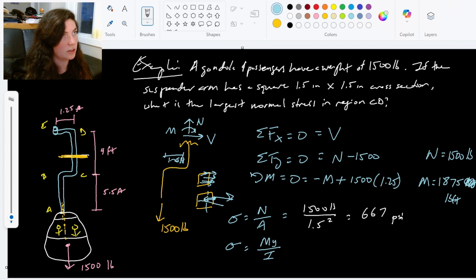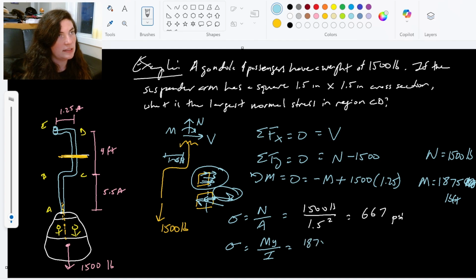So now it's going into the board on one side, in compression on one side, and in tension on the other side, with a 0 down the centroid. So my greatest normal stress is going to occur when they're both facing in the same direction, right? This same direction on the outer edge. So I know that that's going to be on the outer edge, is where I get the maximum bending stress.